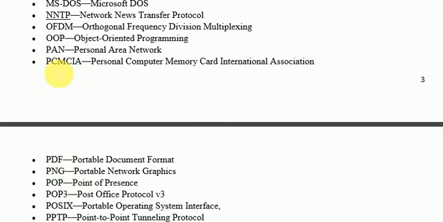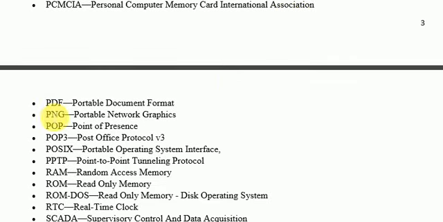Then PCMCIA, Personal Computer Memory Card International Association. Then PDF. Now this is a very important point, because many times questions are asked in UGC NET as well as SET.